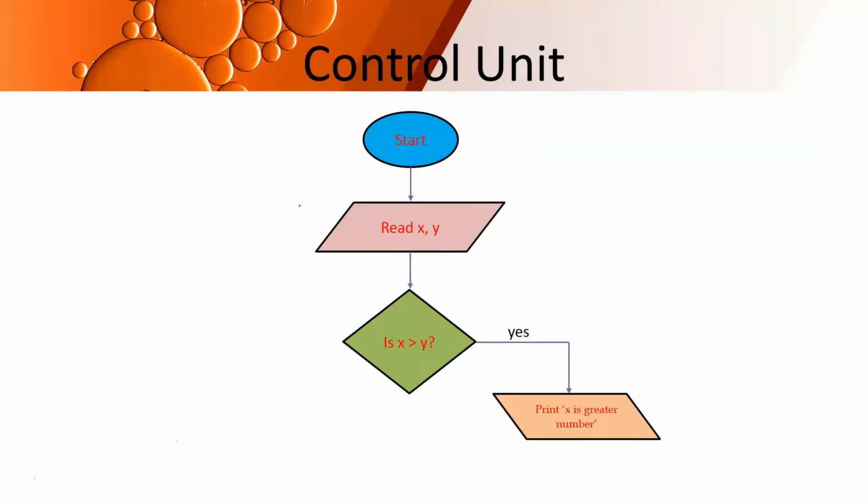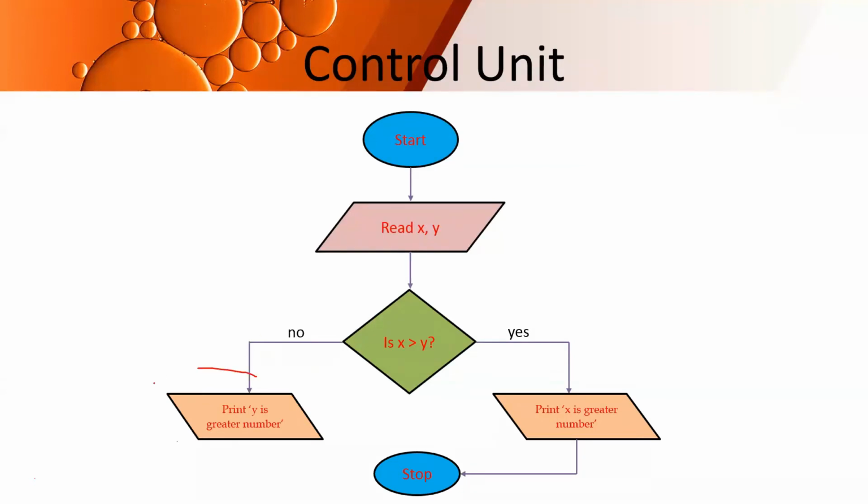Will you print x is the greater number? No. You will check the next course of action. If x is not greater than y, then the program should print y is the greater number. Got it? And then it will go to the last stage, that is stop. So here, depending upon the values, this was your program path.